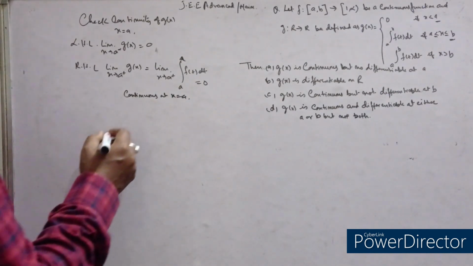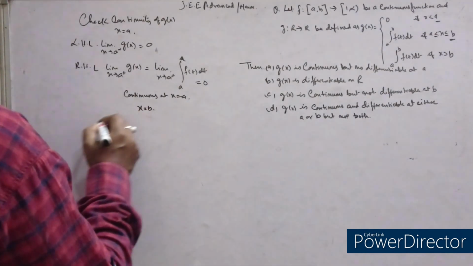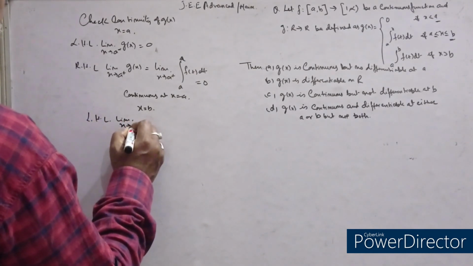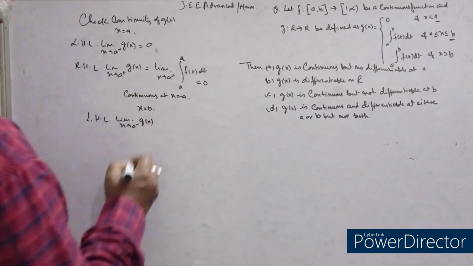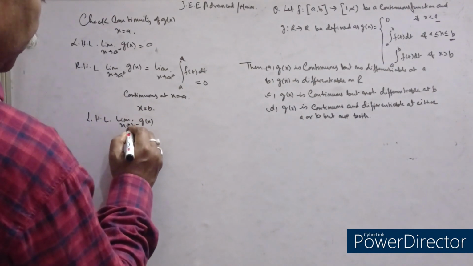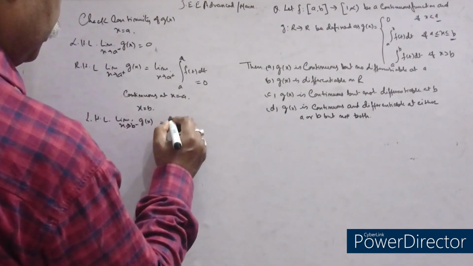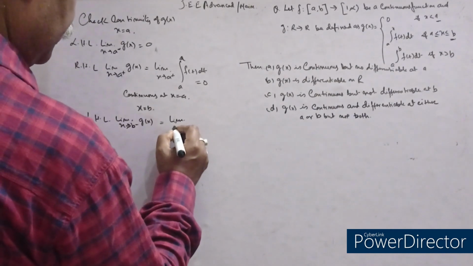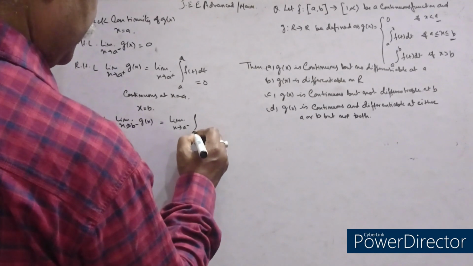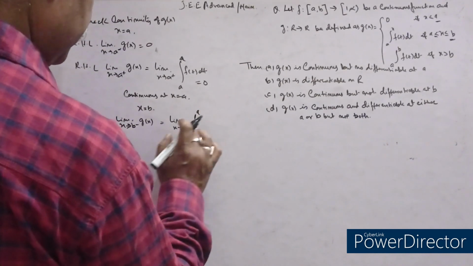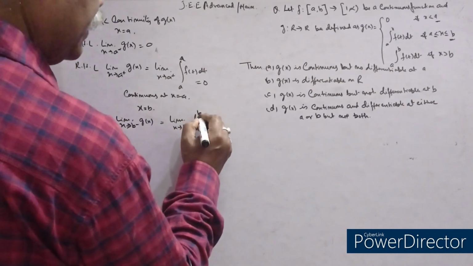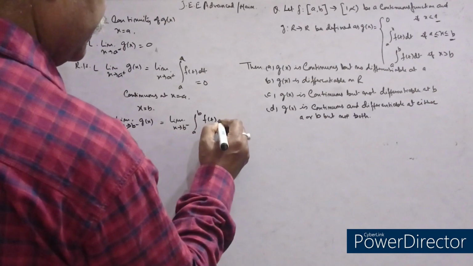Now again let me test for x equal to b. The left hand limit, x tends to b minus of g(x), will be the integral from a to b of f(t) dt.